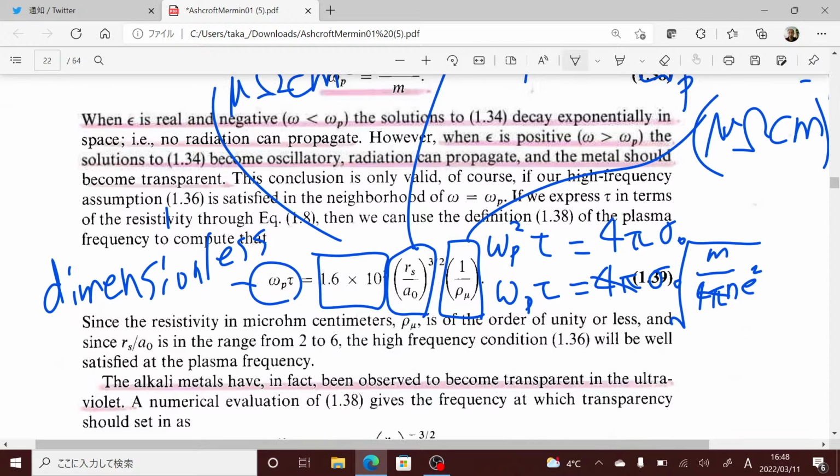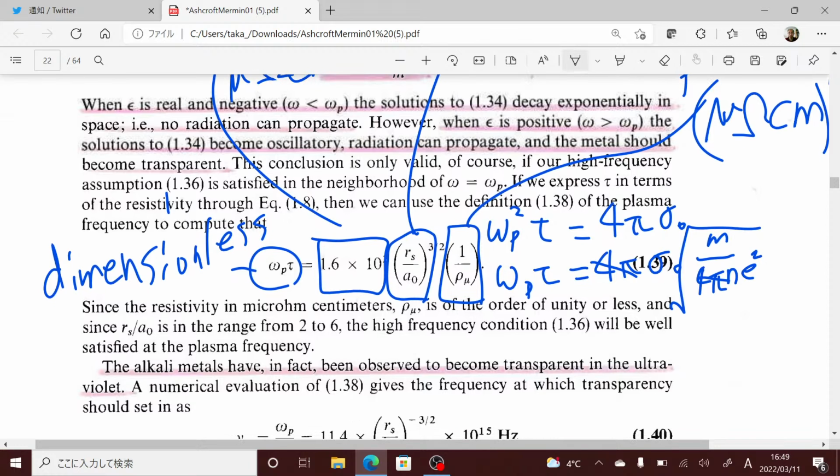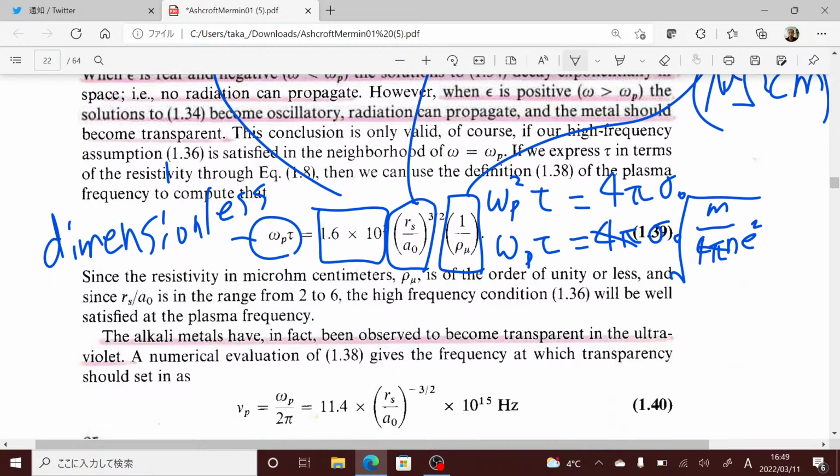Since the resistivity in micro ohm centimeter, rho mu, is of the order of unity or less, and rs divided by a0 is in the range from 2 to 6, the high frequency condition will be well satisfied.